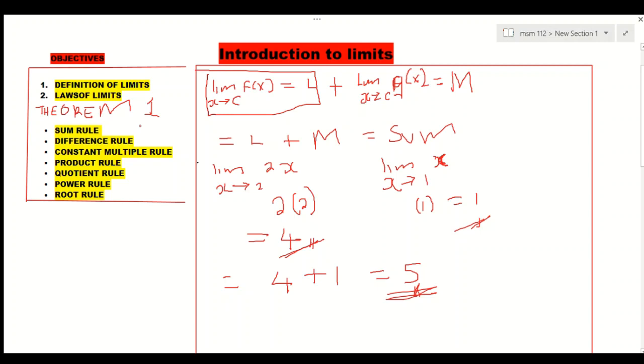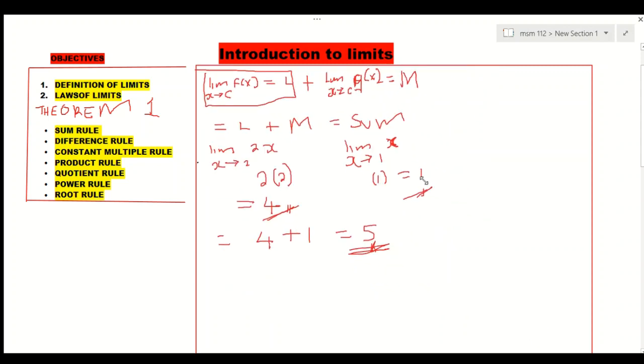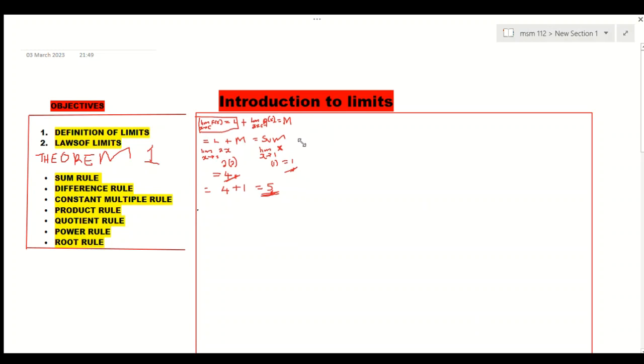These are just basics. Make sure you don't do away with this, because you won't be able to solve anything if you do away with the basic principles. Let me erase this. I go to the difference rule. Difference rule is just the same as sum rule. Difference and sum rule are just one and the same, except that the sign changes. Where there is a positive sign, there will be a minus sign.